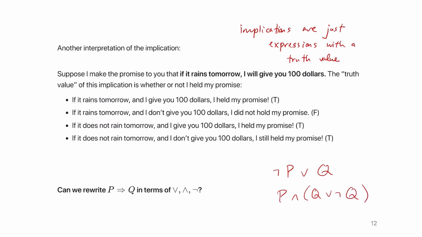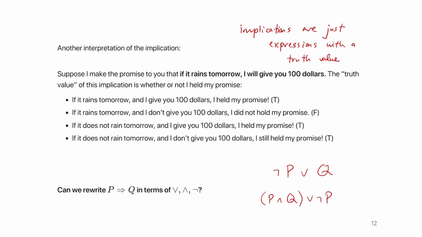The reason this doesn't work is that in the false case, this would be false, but it's supposed to be true. It has to work on all combinations of inputs. Do you have one? Parentheses P and Q, or not P?